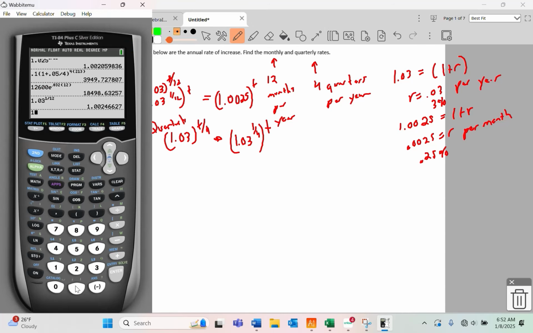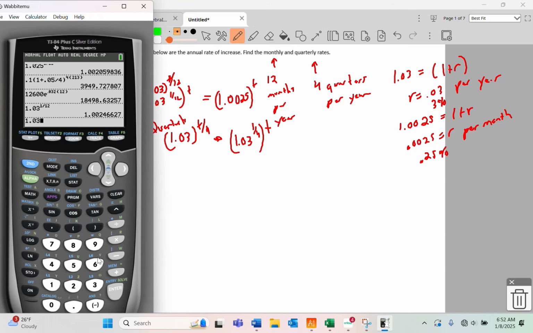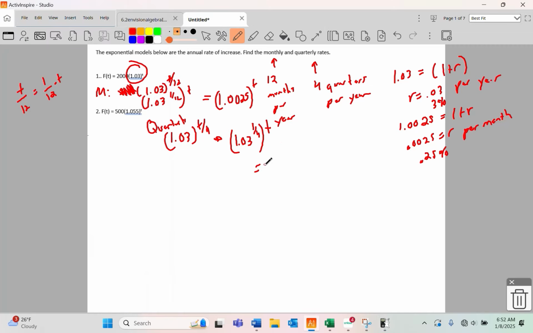So 1.03 to the 1/4 power is 1.0074. And remember, this piece right here lines up with 1 plus r. So r is going to be on this 1.0074 per quarter. And I'm going to leave number 2 for y'all. It's the same exact stuff.